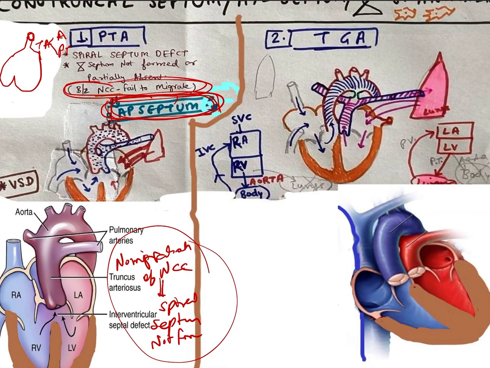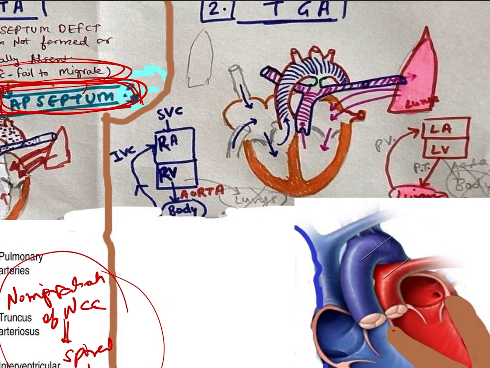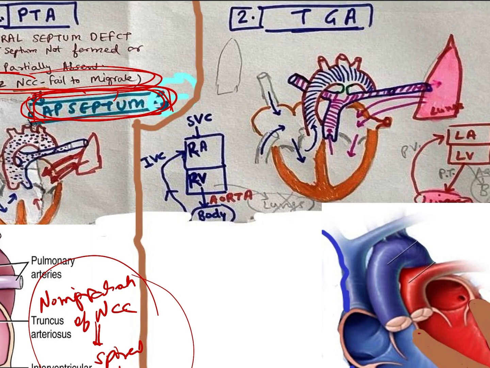In another pathology, which is known as transposition of great arteries, what happens? Actually, the aorticopulmonary septum forms, no doubt, but no spiraling occurs. Spiraling does not occur.